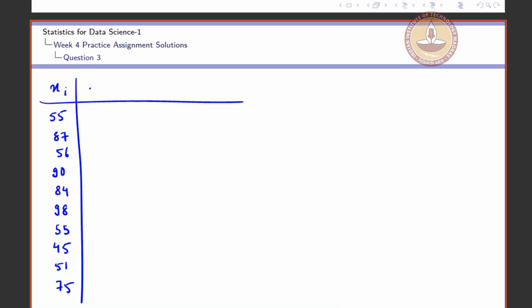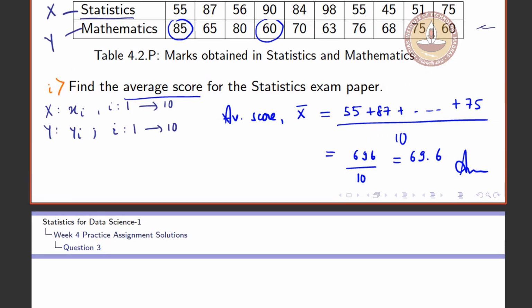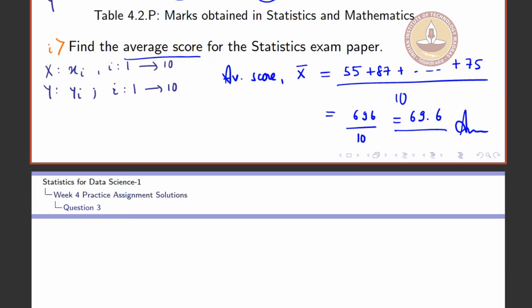Now we need to find the deviation of the statistics exam score from the average score of statistics. So what was the mean? Our mean was 69.6.